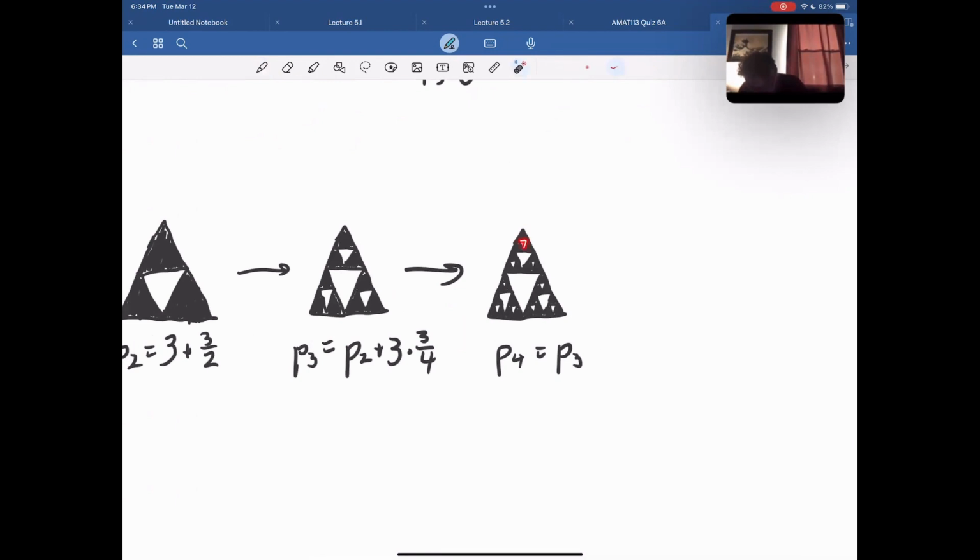It's going to have 9 tiny, tiny triangles, each one having sides of length 1/8 this time, right? And there's going to be 9 of them. It's going to have 9 triangles with perimeter 3/8.